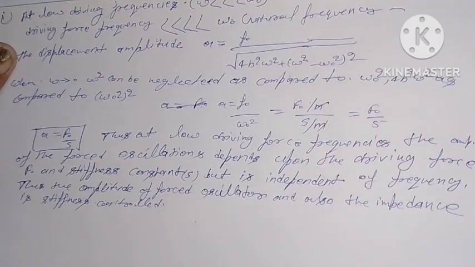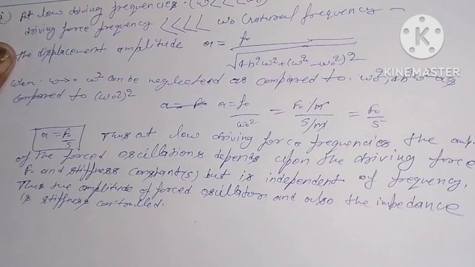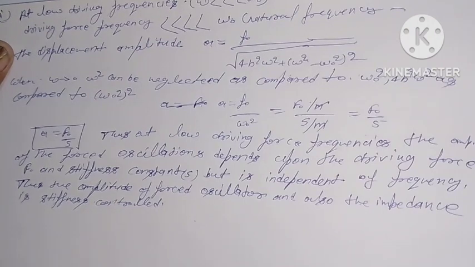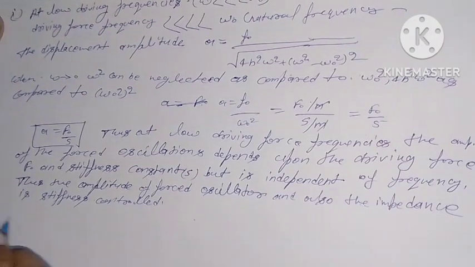Thus at very low driving force frequency, the amplitude of the forced oscillation depends upon the driving force F naught and stiffness constant s, but is independent of frequency. Thus the amplitude of the forced oscillator and also the impedance is stiffness controlled.